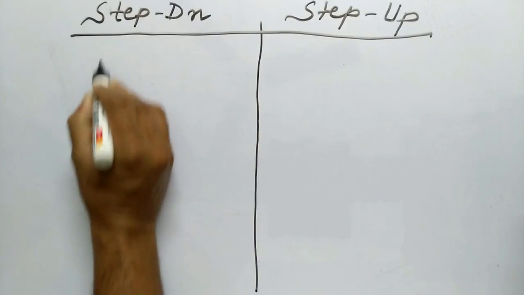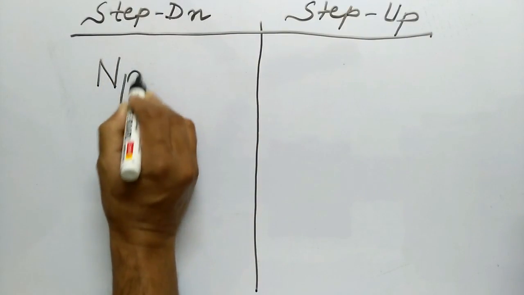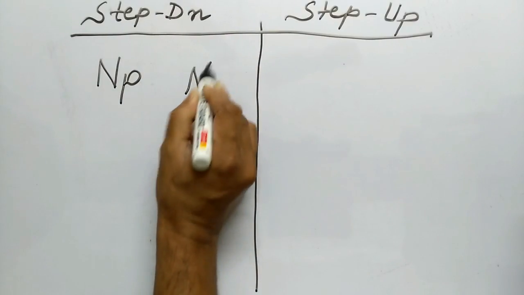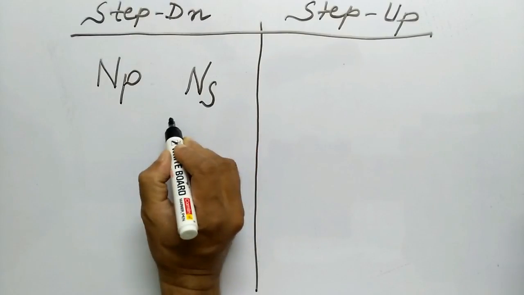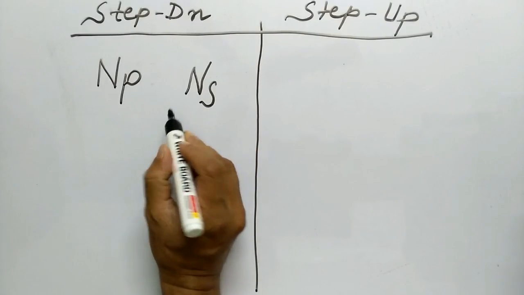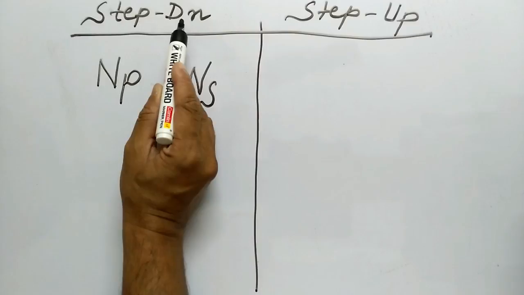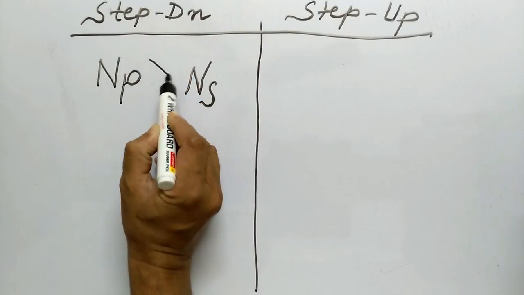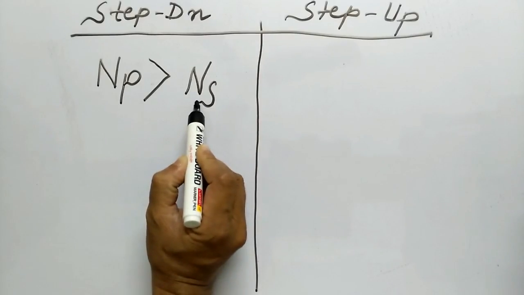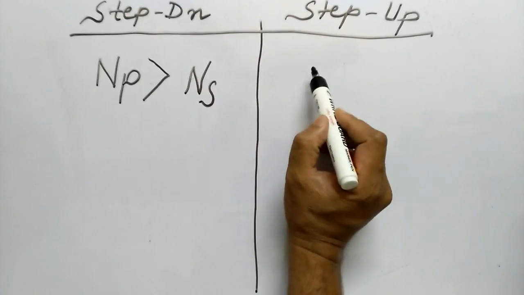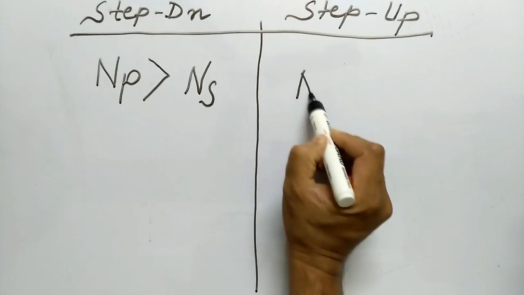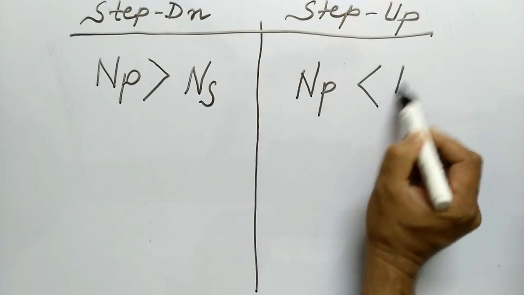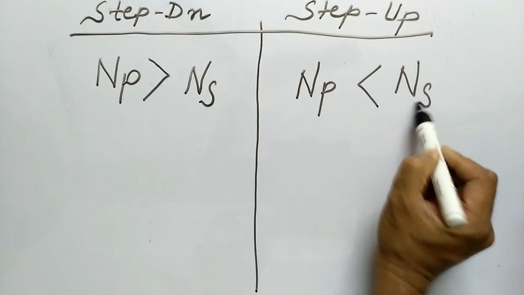Say NP is the number of turns in the primary coil and NS is the number of turns in the secondary coil. In a step down transformer, NP is greater than NS. In a step up transformer, NP is less than NS.